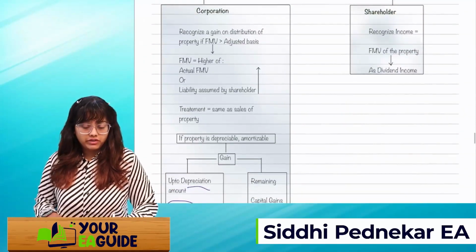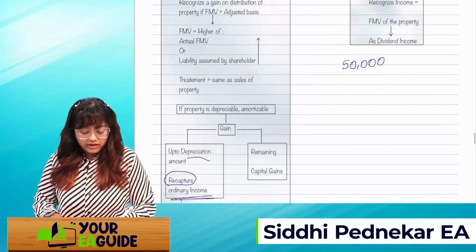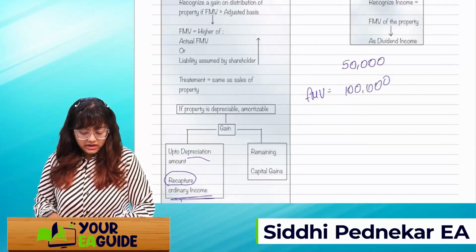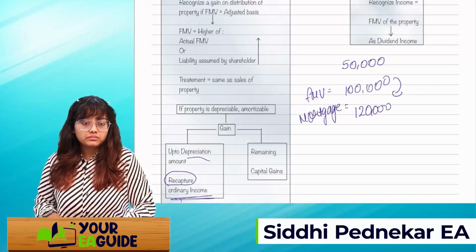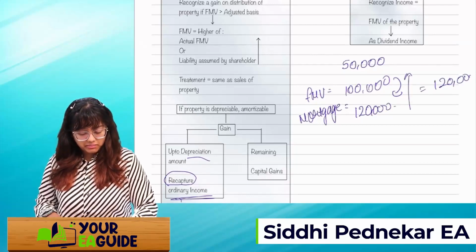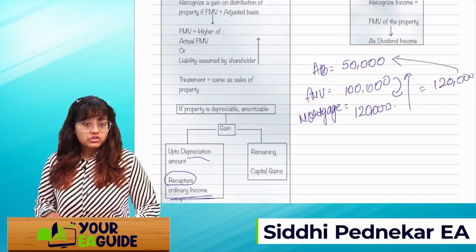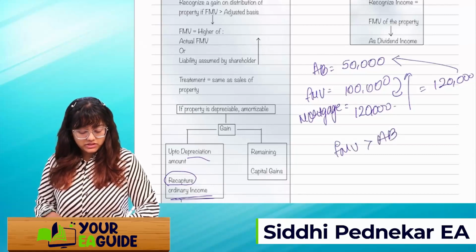For example, say my adjusted basis is 50,000, the FMV of the property is 1 lakh, and the mortgage I am assuming on this property is 1,20,000. Whichever is higher is 1,20,000. I compare it with my adjusted basis of 50,000. Obviously the FMV is more than the adjusted basis, so there will be gain.